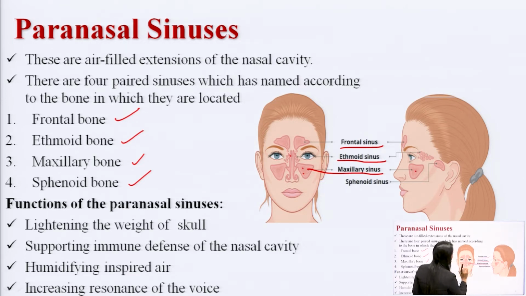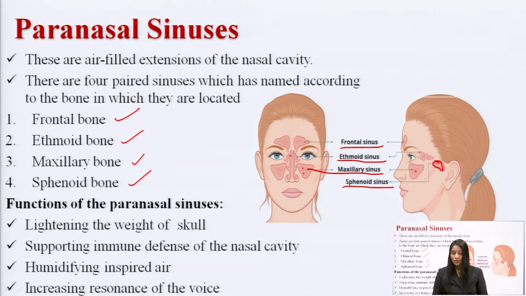And you can see this one, mango shaped in structure, which you can call the sphenoid sinus. So, we have four paired sinuses: frontal, ethmoid, maxillary, and sphenoid.